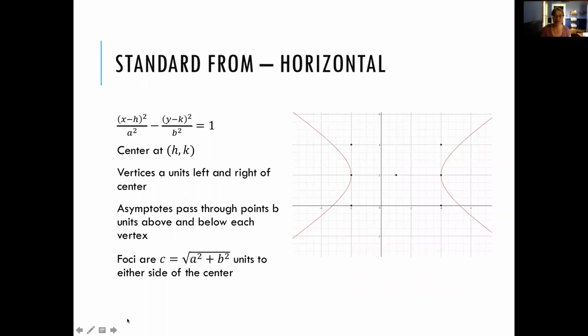So let's talk about standard form. It shouldn't surprise you too much that because we're talking about the difference in distances, instead of a plus, we have a minus. So the standard form for a hyperbola looks much like the standard form for an ellipse, with the exception that we've replaced the plus sign with a minus sign. We're still centered at the point (h, k).